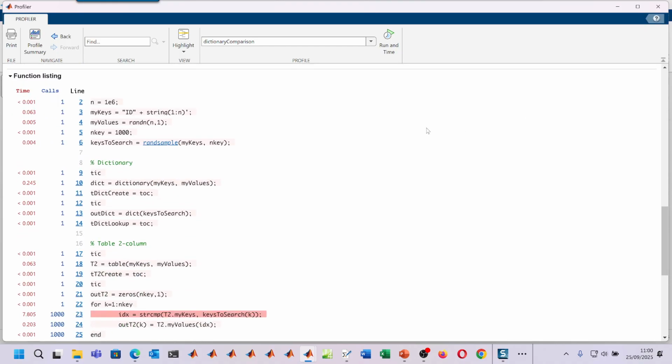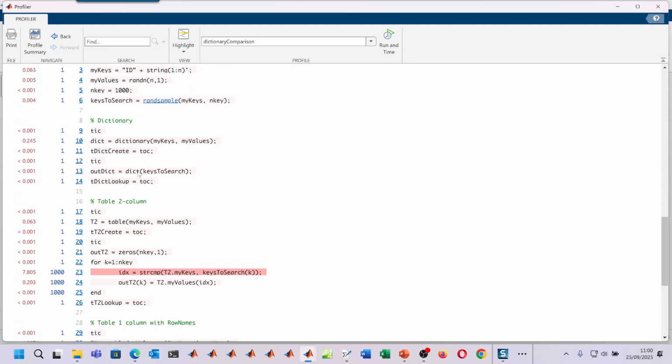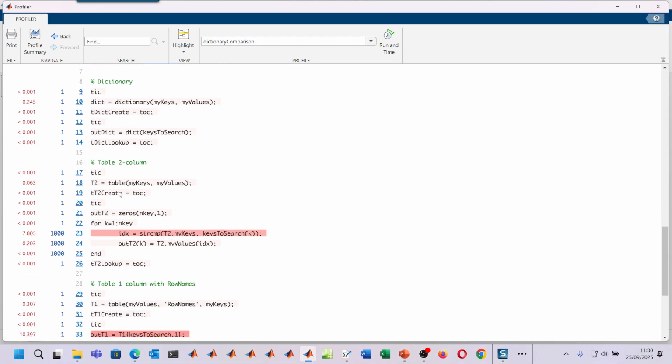And then let us look here. You see the lines of code that are very expensive in terms of computing time are shown in red. So you see this dictionary, searching inside the dictionary, the creation of the dictionary, and then the output of dic. This really takes a negligible amount of time.